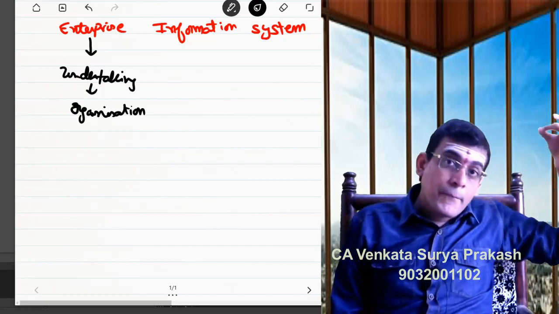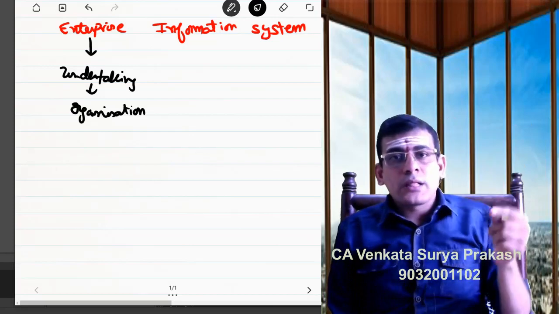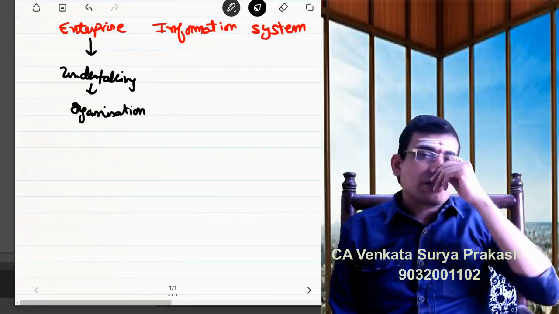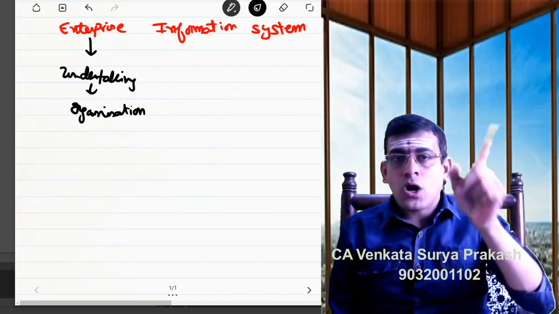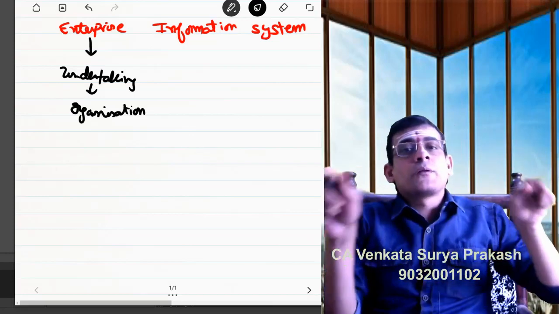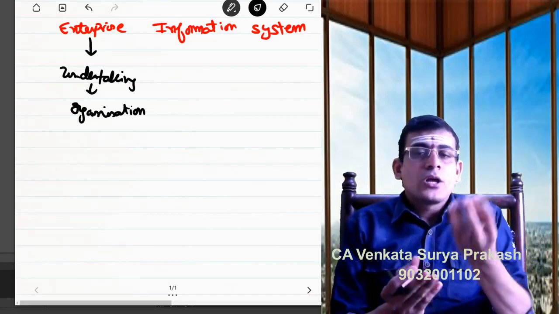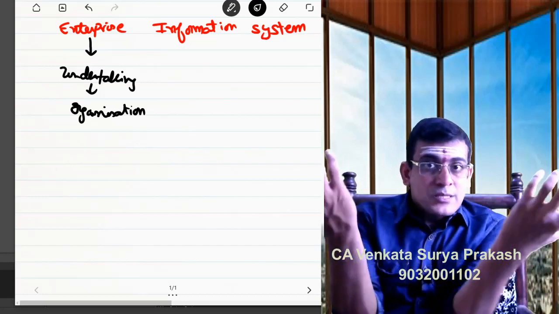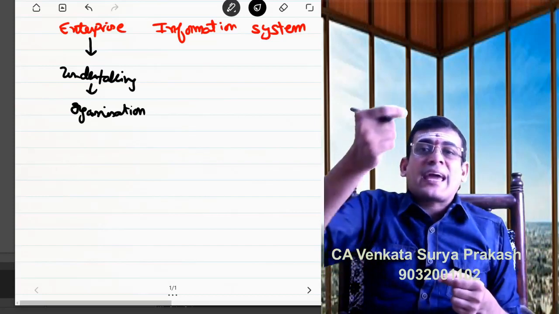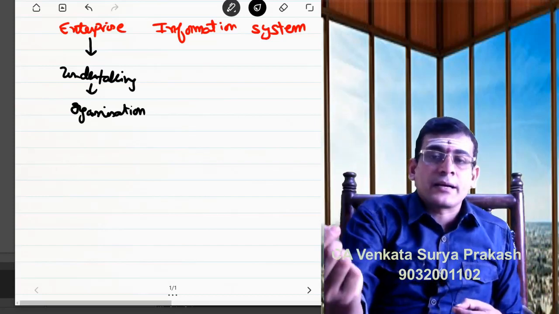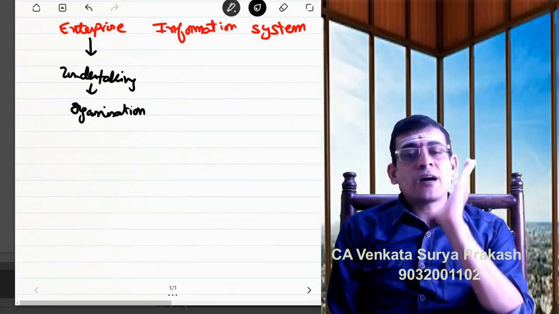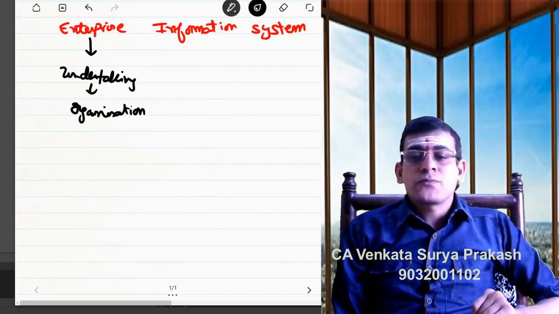If one organ stops functioning, the human body will stop functioning. The objectives of the subsystems may be different, but I need to connect all these things to bring about the going of the organization. That's what is called the system.